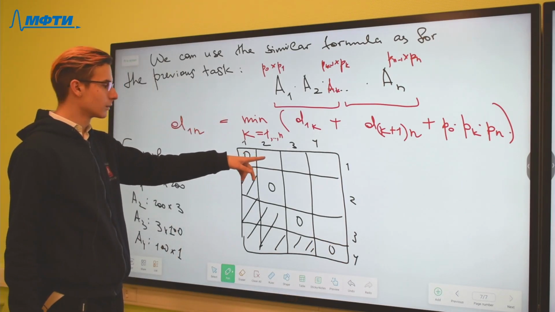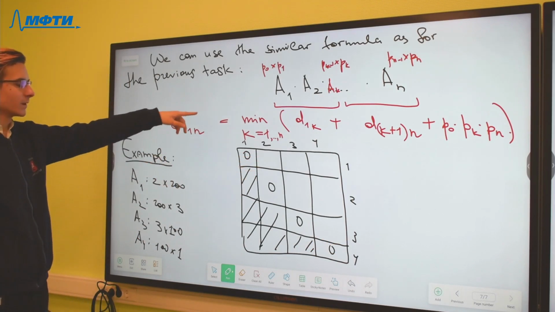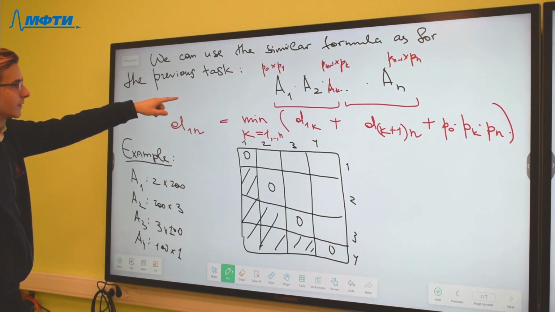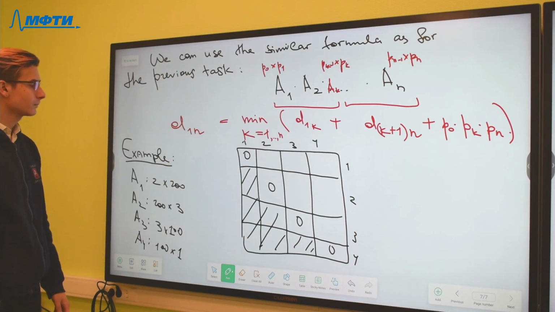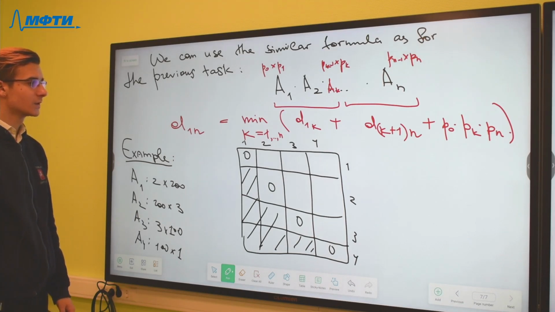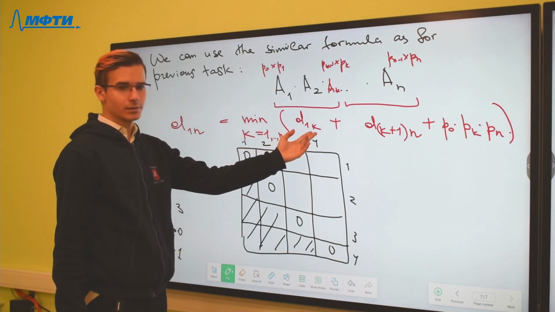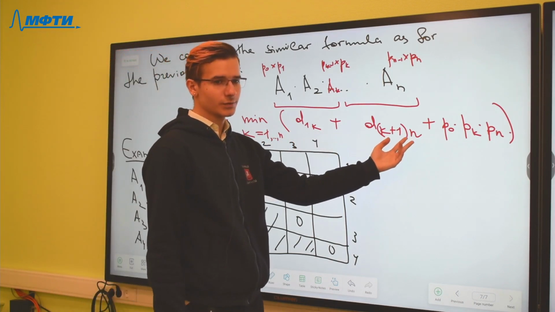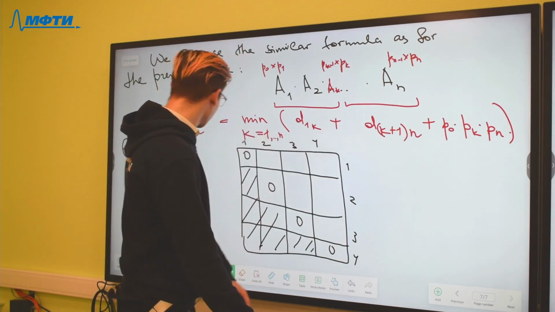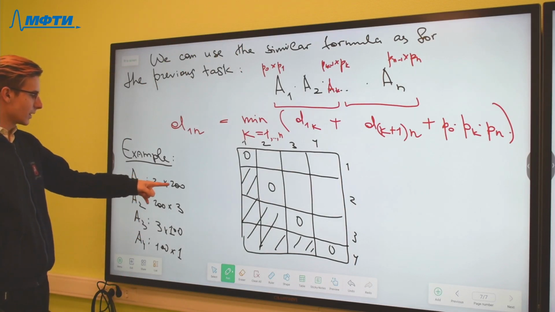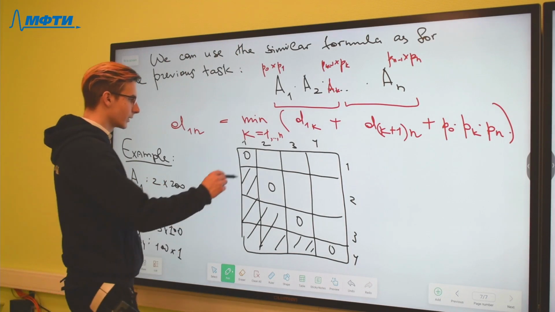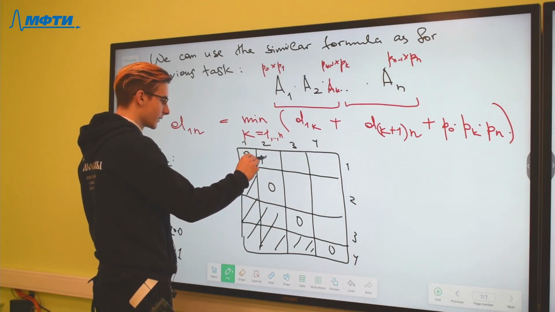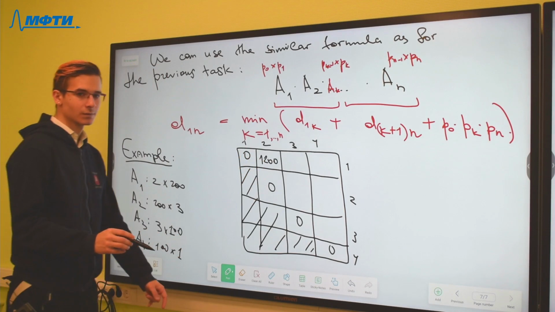To find it, we see that the only way is to divide it into two parts: D11 plus D22 plus the multiplication. So we multiply 2 times 20 times 3. It's equal to 1,200.